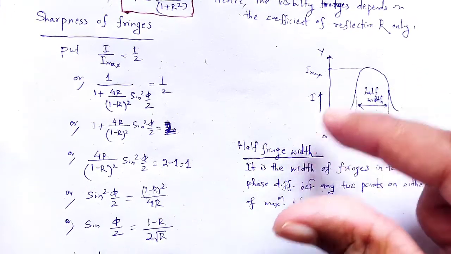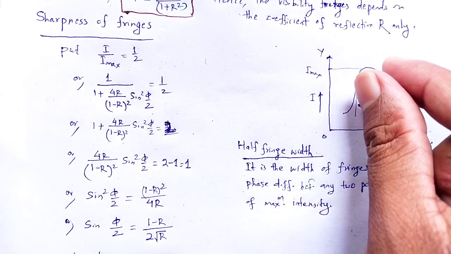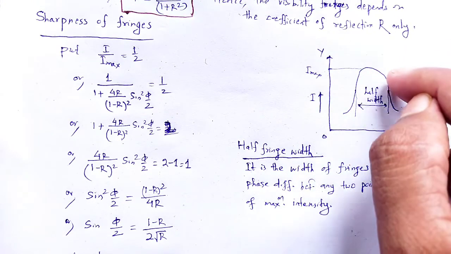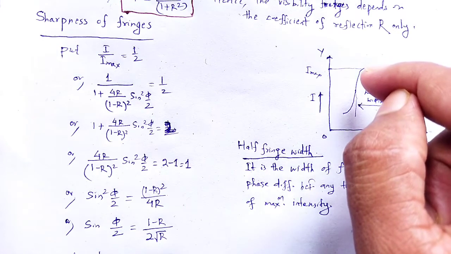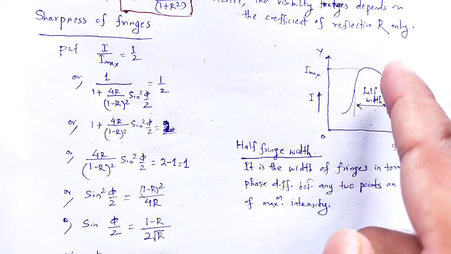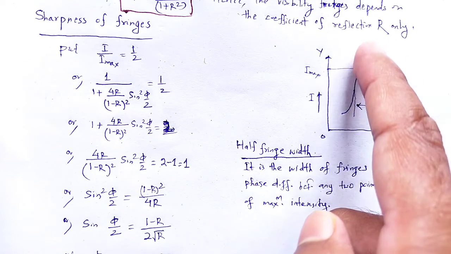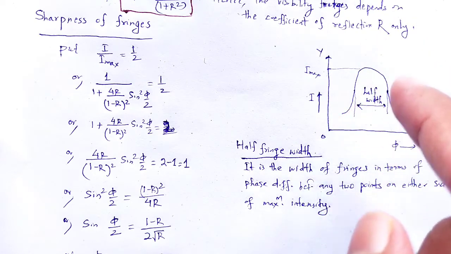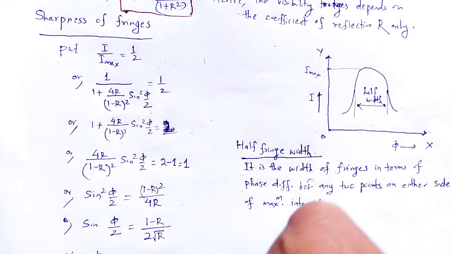In terms of half fringe width, we can easily emphasize the maxima, and the sharpness of maxima also depends upon the coefficient of reflection R. If the value of R is greater, the sharpness is more.